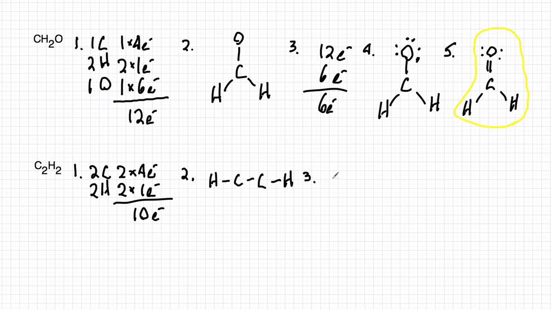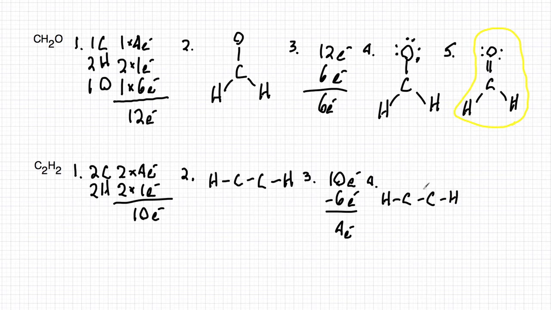Okay, for step 3, I started with 10 electrons, and I have 6 there, and that means I'm missing a total of 4 electrons. So for step number 4, I'm going to go ahead and put those electrons there. And I'm going to try to keep things symmetrical, although that turns out not to totally matter.